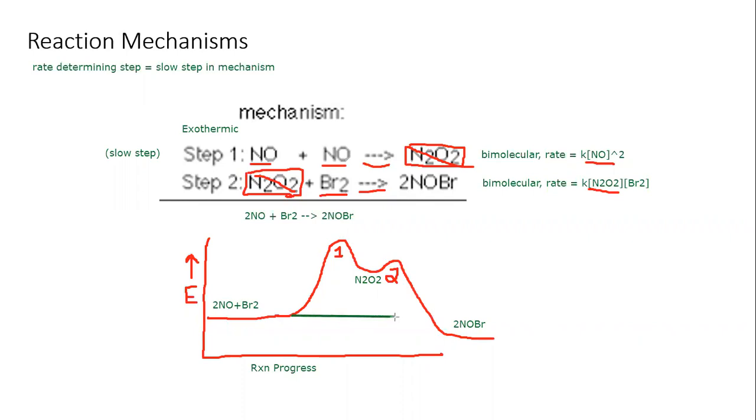And the difference between the activation energy of the forward reaction and the reverse reaction would give us delta H. And this is what the energy diagram of this mechanism would look like.